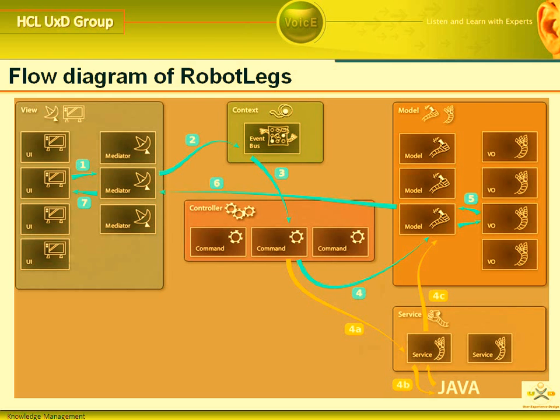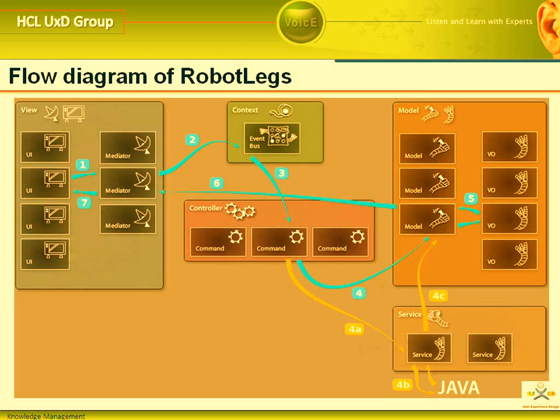Step 4, from the command, if you want to update any data, we can directly call a model and update data in the model. Otherwise, if you want to call any backend services, then for A we call a service, for B it will call a backend service and fetch the data from there. For C, update the values into the model.